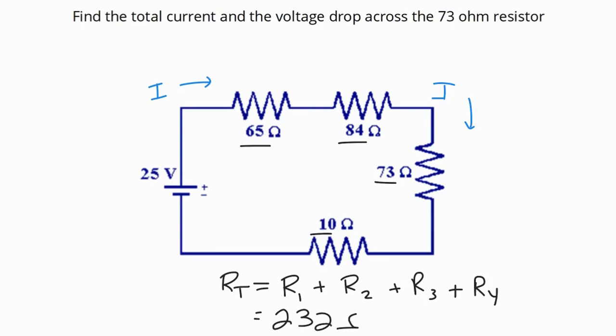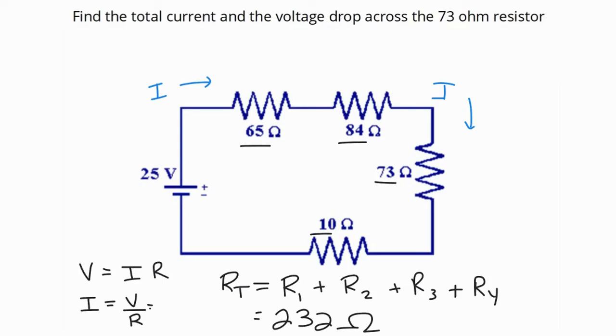232 ohms. Now, if I want to find the total current, I have V is equal to I times R. Current would be my voltage divided by my resistance.